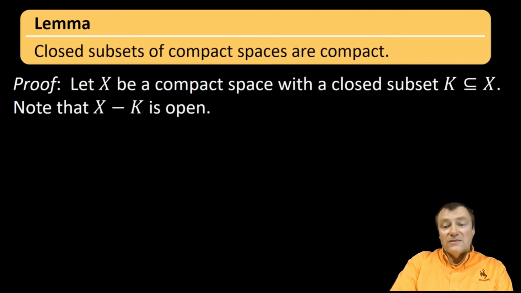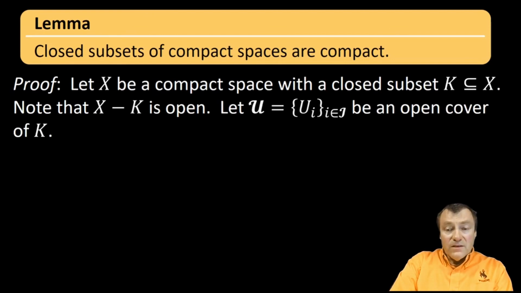To see this, let K be a closed subset of a compact set X. So X take away K is open in X, this being the complement of a closed set K. Let script U be any open cover of K. We only need to show that this has a finite subcover.